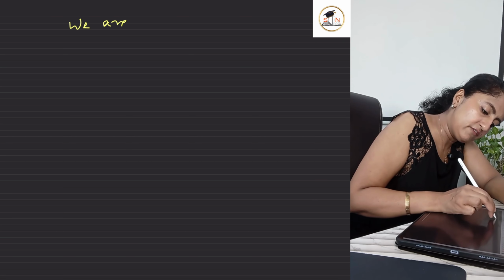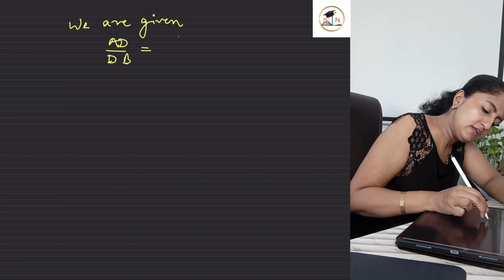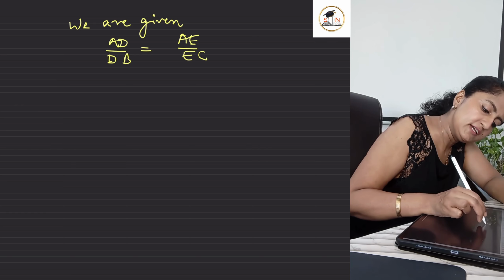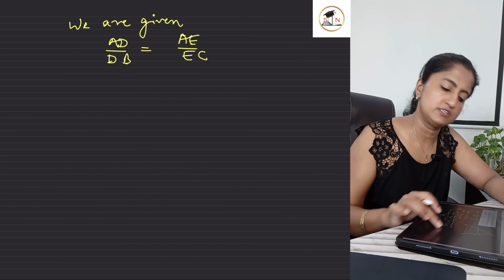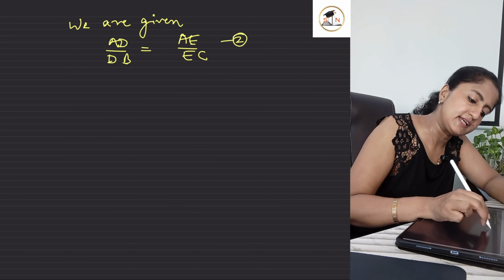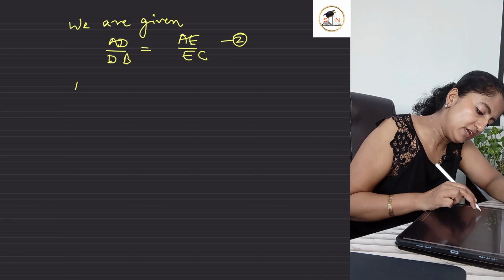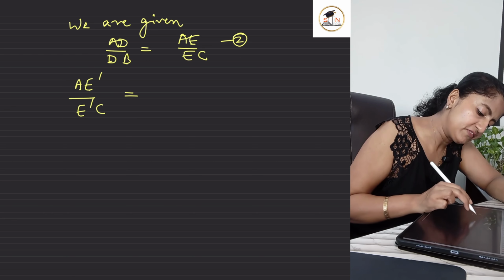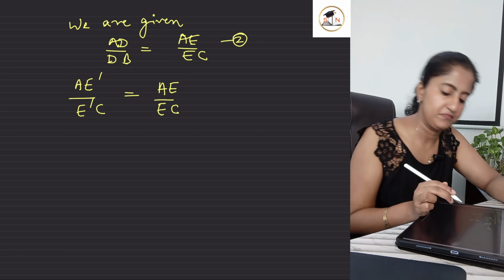Now, we are given that AD over DB equals AE over EC. This is what we are given, right? Now, I'm marking this thing as first and this thing as second. And if you compare first and second, what are we getting? We are getting that AE dash over E dash C equals AE over EC.